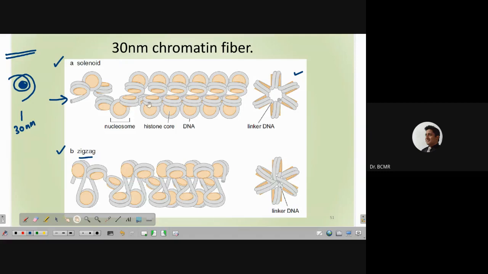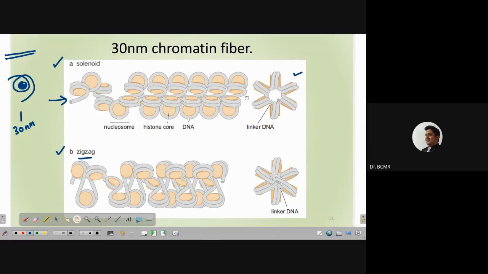If somebody is holding at this end and someone else is holding here, and you stretch it, it will come out. It is much more prone to opening compared to the zigzag. Zigzag is like this, and you can see that there is a lot of intertwining. If one tends to pull, it is not as open as in the case of the solenoid.